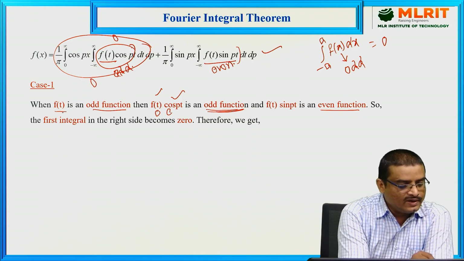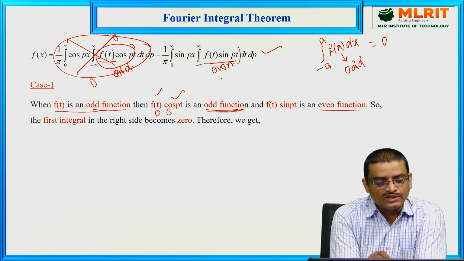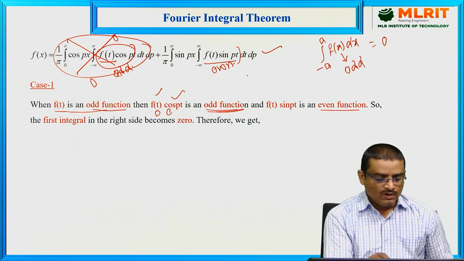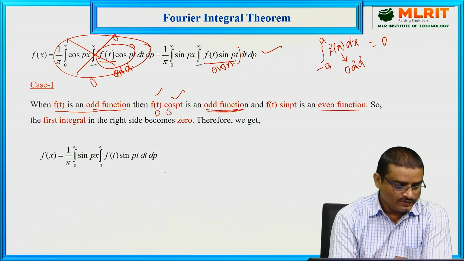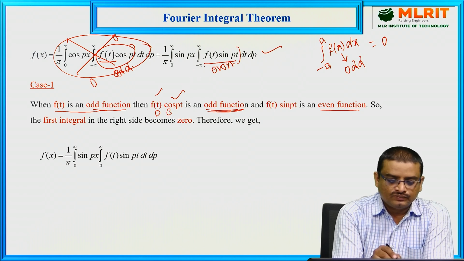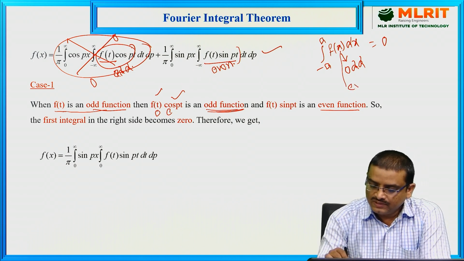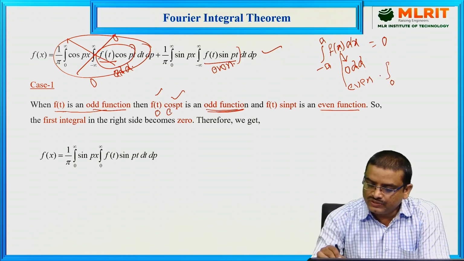Case 1 is whenever f of t is an odd function. So we have to concentrate only on the second integral here, the second part. Now consider the second part here. Whenever the function is an even function, then this integral can be written as 2 into integral 0 to a of f of x dx.